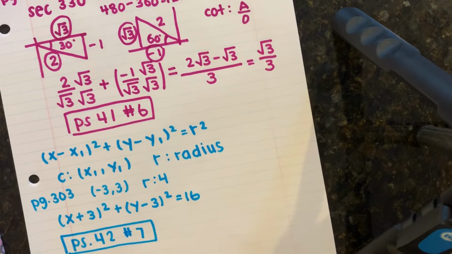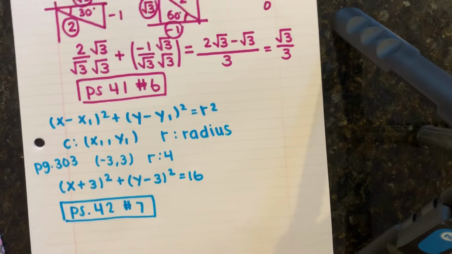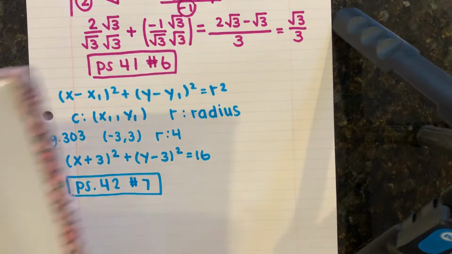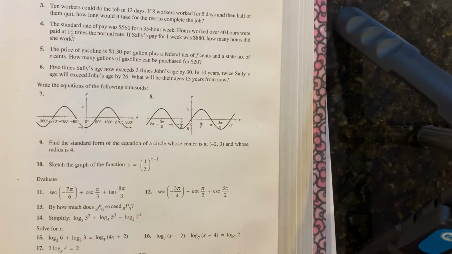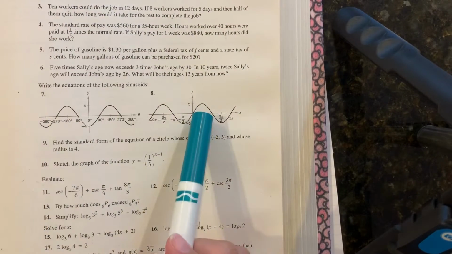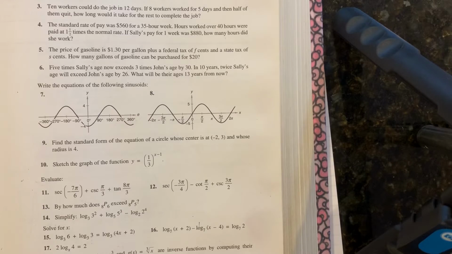And then the last thing we're going to look at is the graph of sine and cosine. You should know what the standard shape of the sine and cosine curves look like at this point. So if we look in our book on page 313, I'm looking at number 7 and number 8 right here.